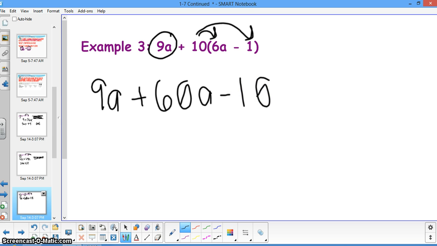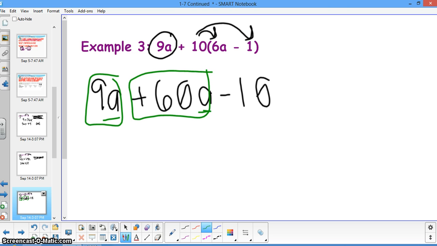Now from here we have something called like terms. Remember, we just discussed it, where we have two different terms that are similar. So I like to put boxes around them so I know that they are alike. 60 plus 9 is 69, and don't forget the variable a. And there's nothing to do with this negative 10. There are no other terms that are like it, and that is your final answer.